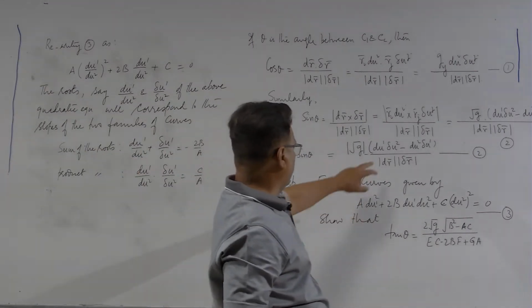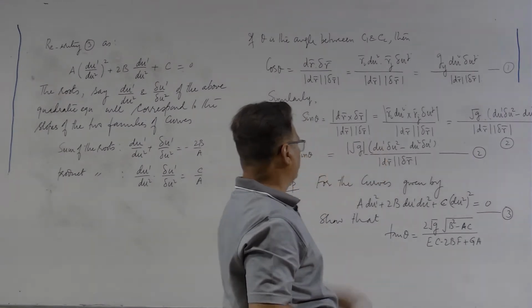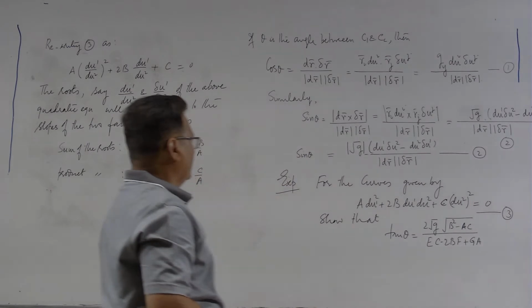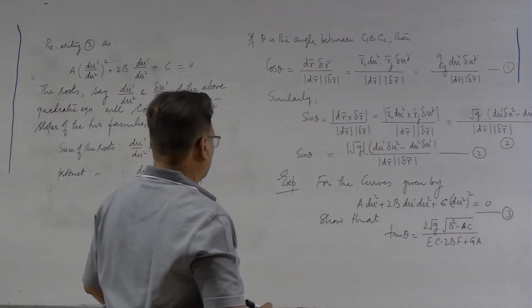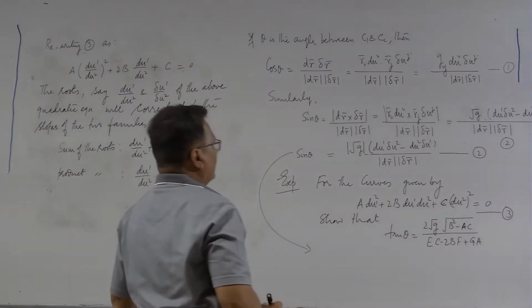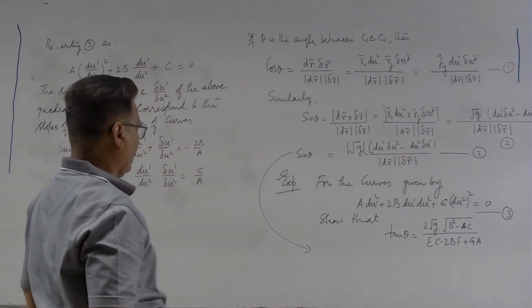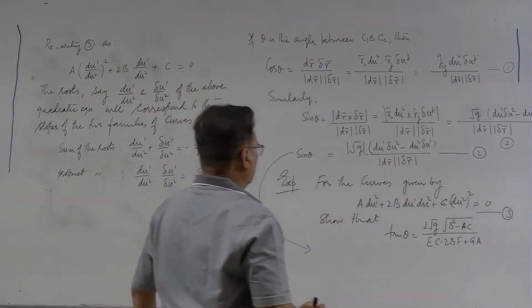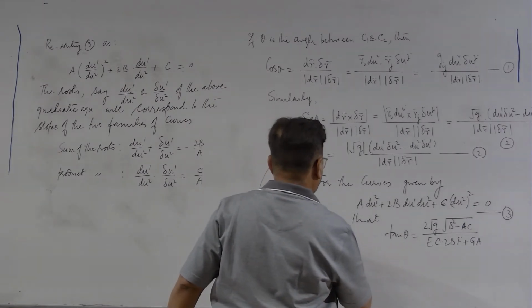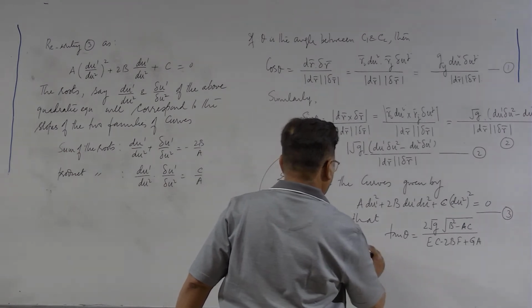Now, I can rewrite this equation 2 in terms of the difference of the roots. If you wish, you can write down sin theta again like this, equal to under root g.